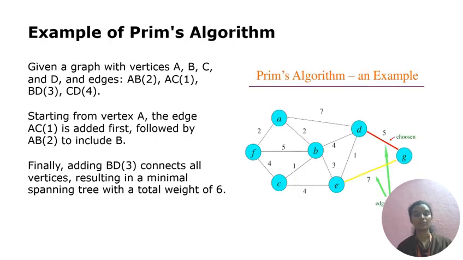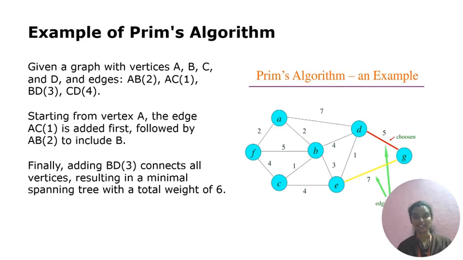The example of Prim's algorithm. Given a graph with the vertices A, B, C and D, the edge AB has weight 2, the edge AC has weight 1, the edge BD has weight 3 and the edge CD has weight 4.